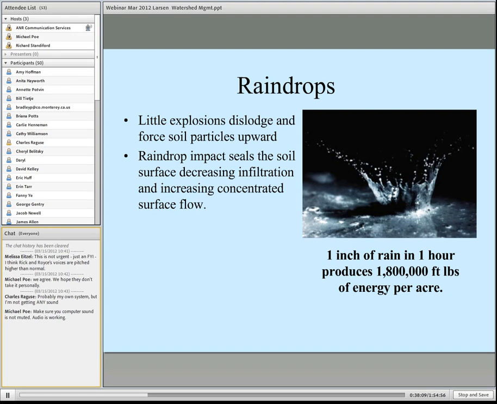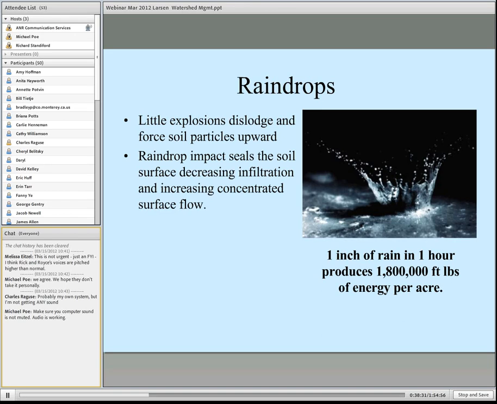You get a lot of surface runoff, you build up that energy, and lots of things begin to happen. 1 inch of rain in 1 hour, for example, can produce 1,800,000 foot-pounds of energy per acre. So that's a lot of energy that's out there hitting our watersheds.